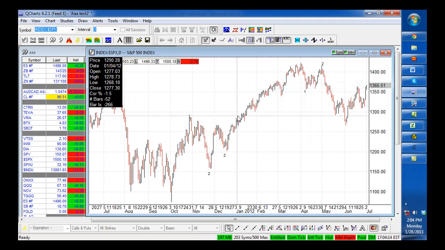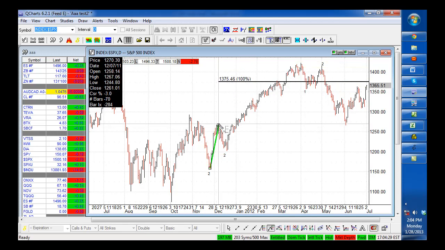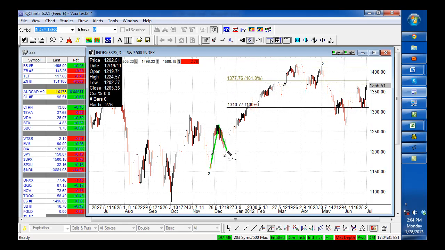But in the video, I show you that, well, the 1, I would not have used this one here, and I show you exactly why, and how you can know which one to use. We use this one here, and notice it went past the 100% point and spent enough time past here, when we talk about what enough time is, so that it goes past the 161.8% point. See?